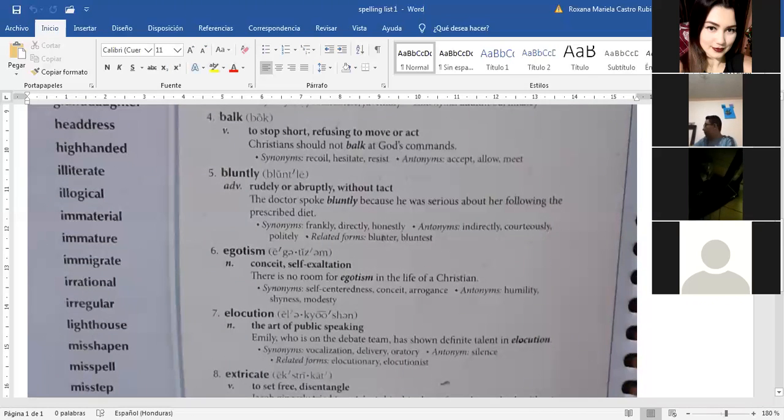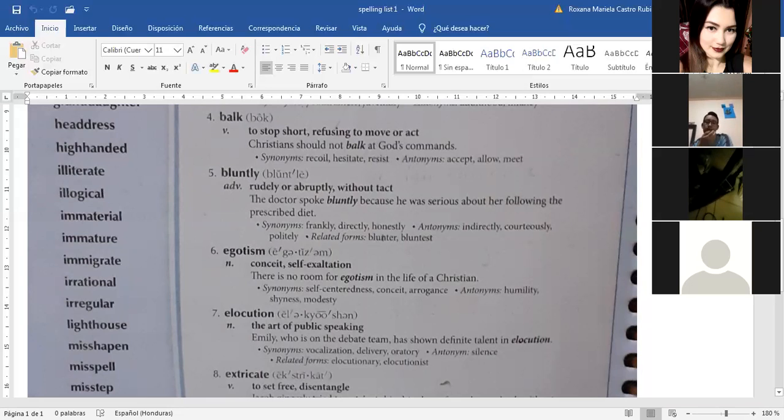Do you think that it has a good meaning, egotism? Is egotism a good attitude or not? Camila? No. Okay. Tell me a sentence with egotism. My friend egotism was profound and personal.